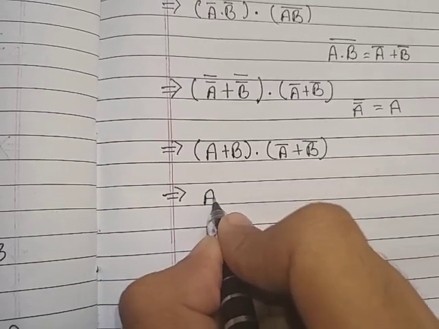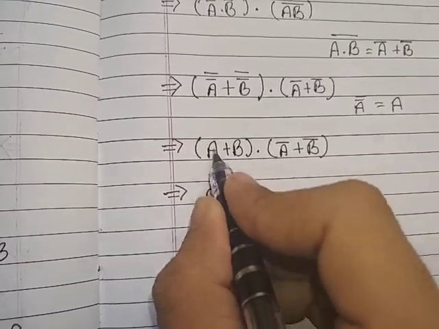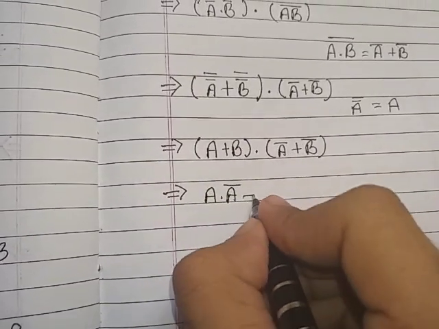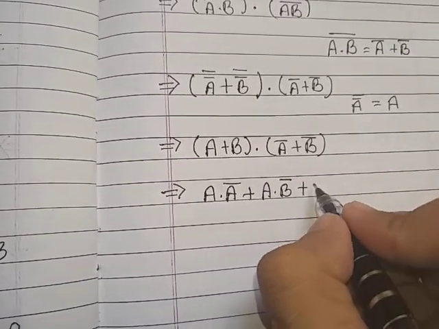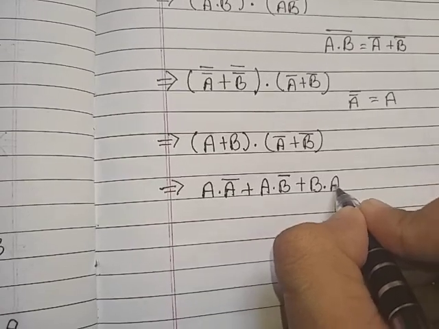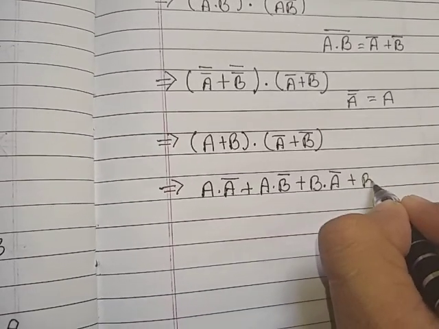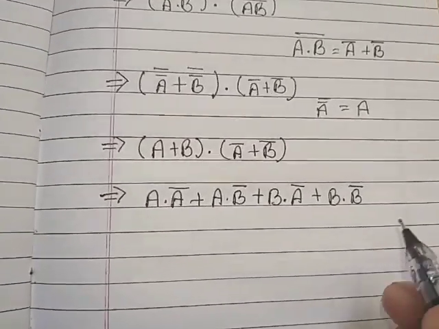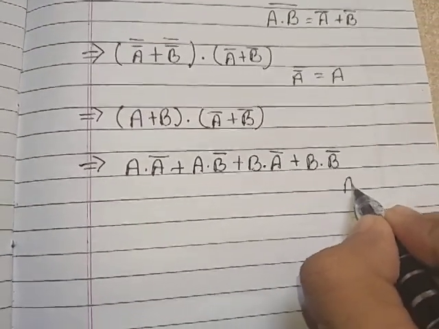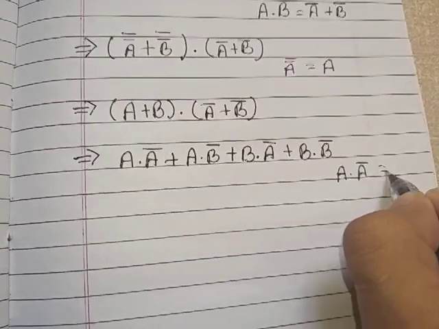So we get a dot a bar plus a dot b bar plus b dot a bar plus b dot b bar. Clear? Now we know that a dot a bar is equal to 0.